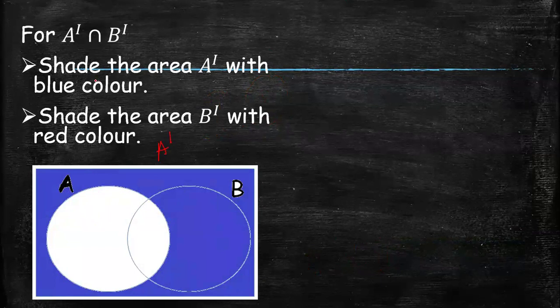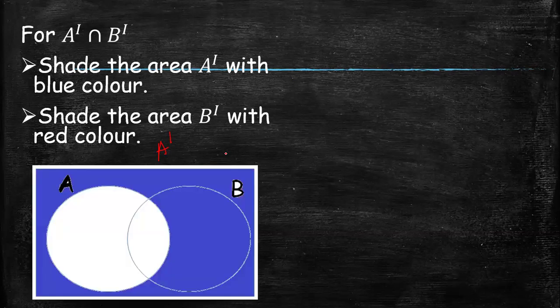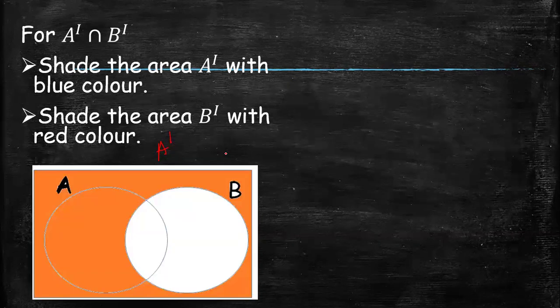We shade the area A complement with the blue color, like I've indicated here. Then we shade the area B complement with the red color. Now, if we separate these two, this A complement shades B and then outside B. Then B complement shades part of set A and the area outside the two sets.